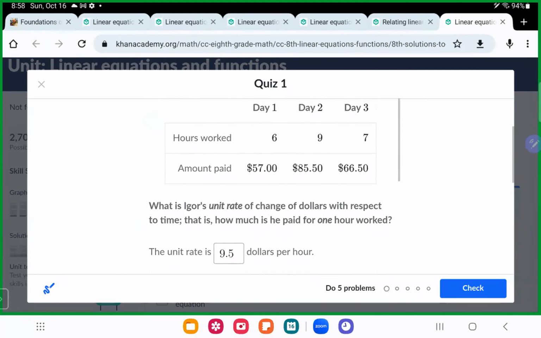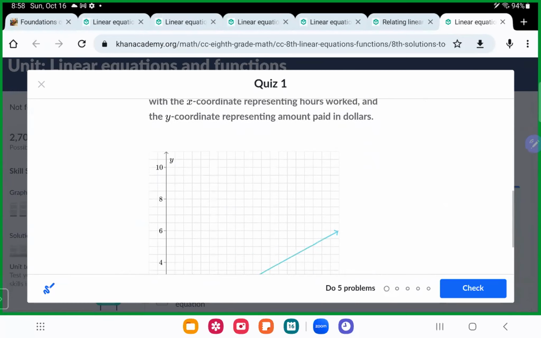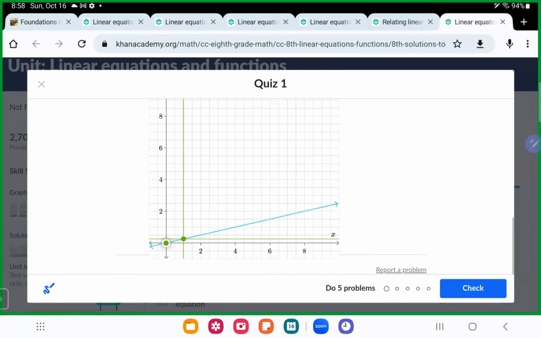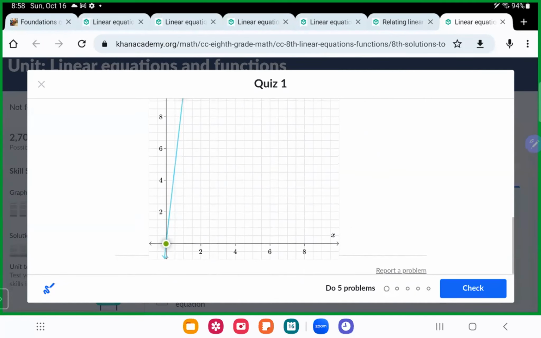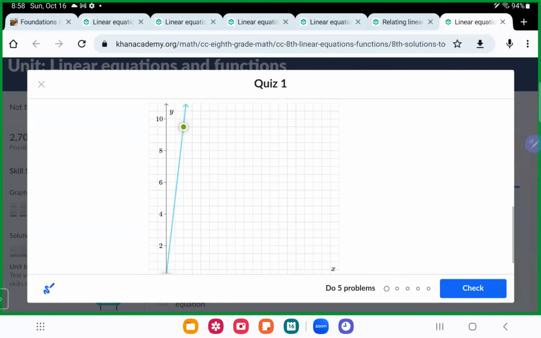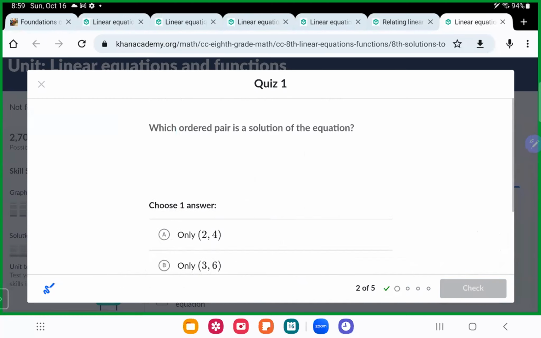Okay, so I got 9.5, so I could graph 1 and 9.5. There's 9, so there's 9.5. And where is 1? 1 would be 1, 2, 3, 4. So straight up. I think I got it. Woo! We got it.